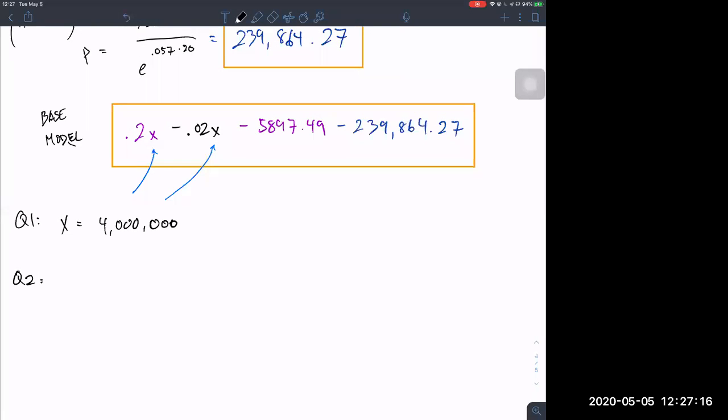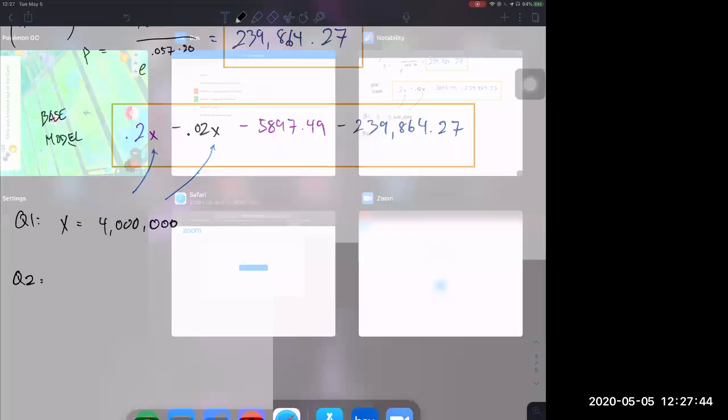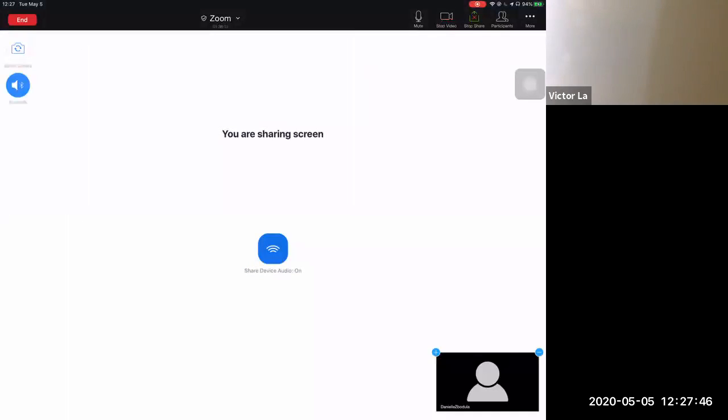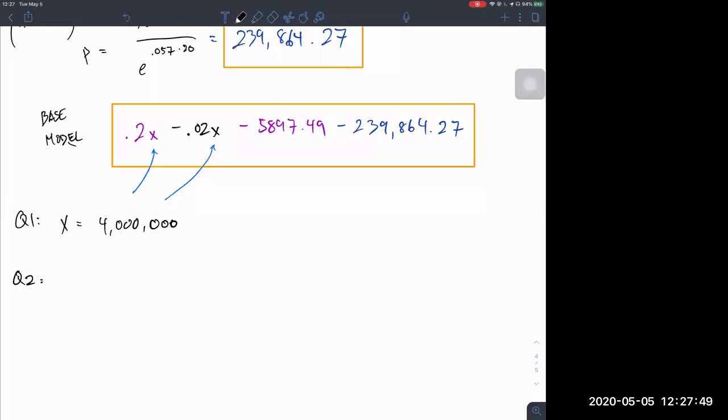You may describe in words or show mathematically and state in words. All right, no one's typing the answers. Just wanted to make sure I wasn't missing anyone.